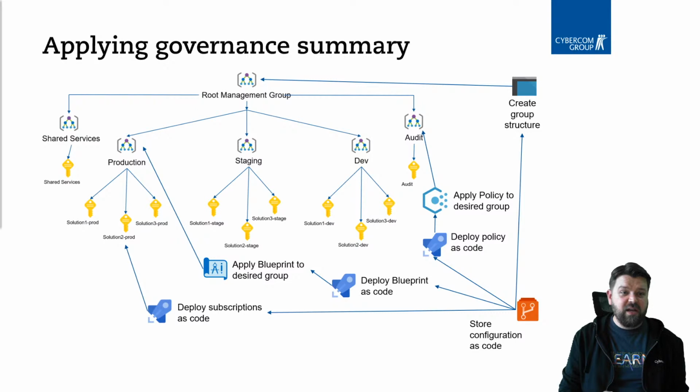Once you've done that, as I said, the subscription inherits everything you set up. It inherits everything from the root level to production level. All of those policies and all of those blueprints are set up there automatically. So once done correctly, these are very, very powerful tools available to you.